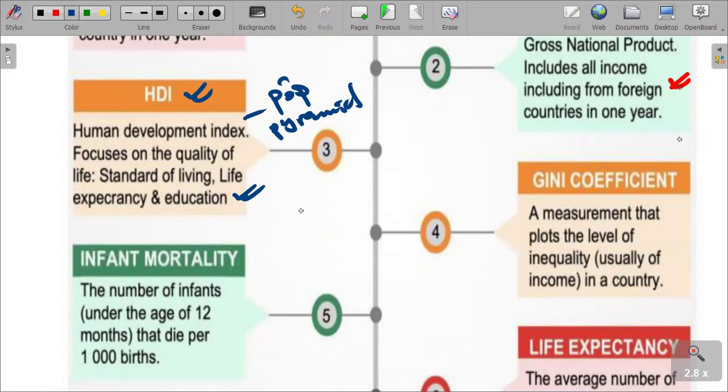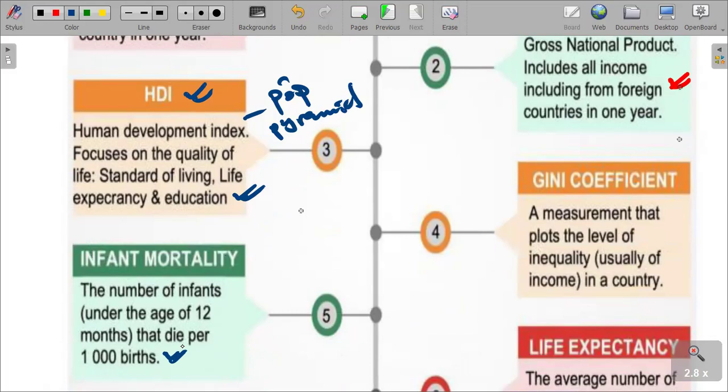We can talk about infant mortality rate, the number of infants under the age of 12 months that die per thousand births. The higher the infant mortality rate, the less developed a country is.